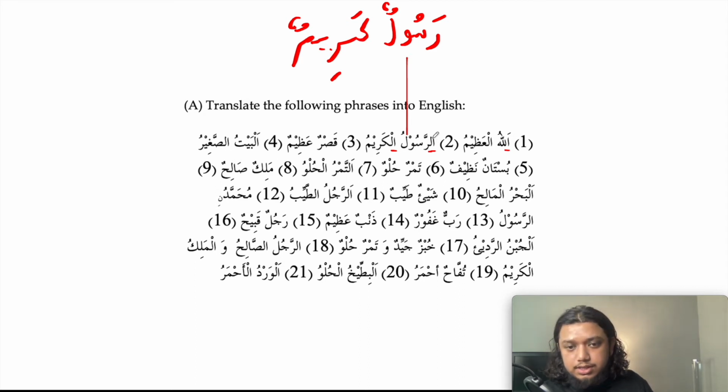But in this case, it has the alif lam of ta'rif. It is ma'rifa, the noble or generous messenger. Therefore, because it has the alif lam, so does the sifah.